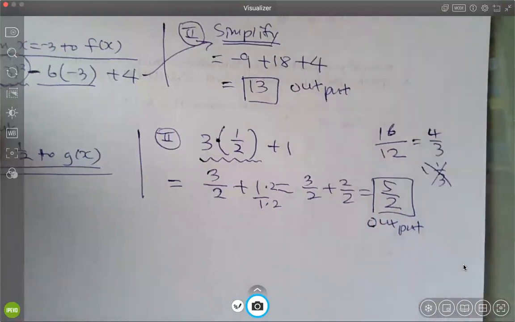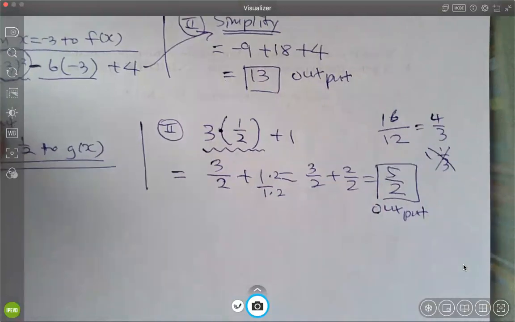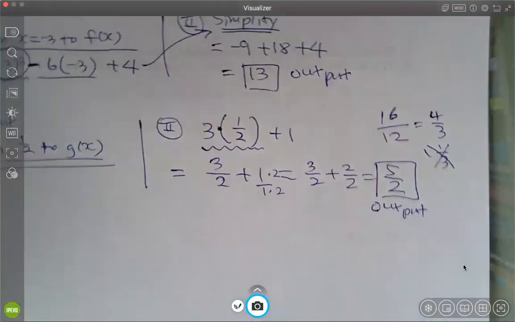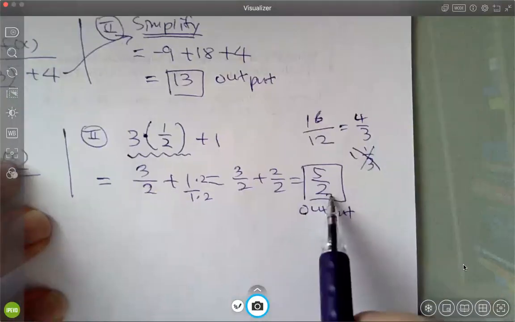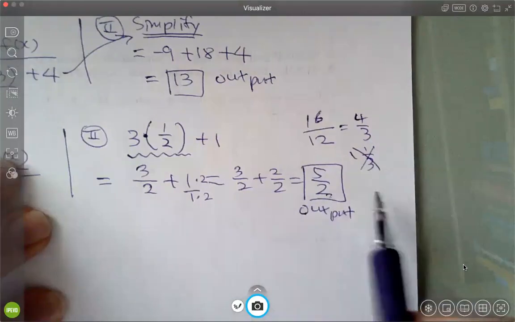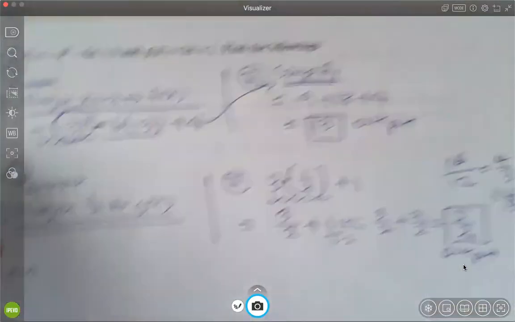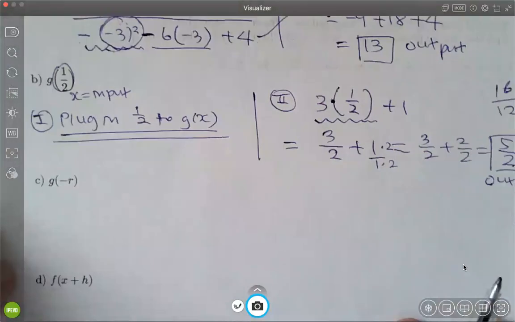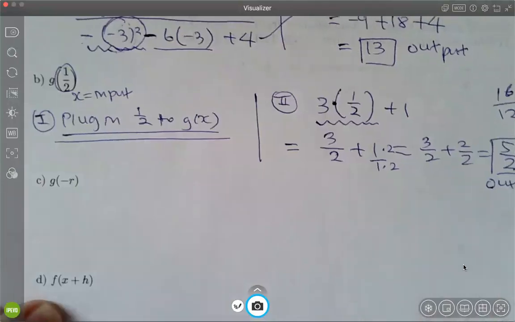That's not a simplification, that's just rewriting, okay? And I recommend you use an improper fraction like this instead of something like 2.5, okay? And now, part C, g of negative r. Okay, now what do we do here?